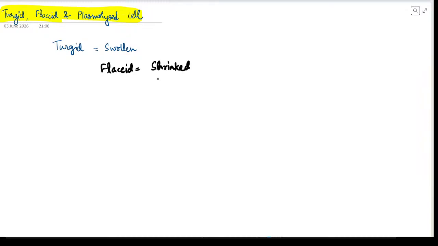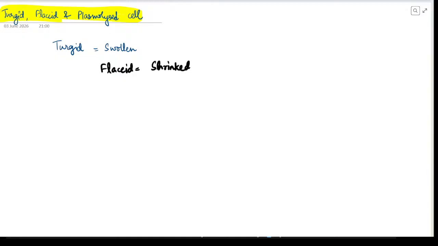And a plasmolysed cell is a bit different from flaccid. It is shrinkage of an extreme level, so that the protoplasmic components come to the center of the cell.